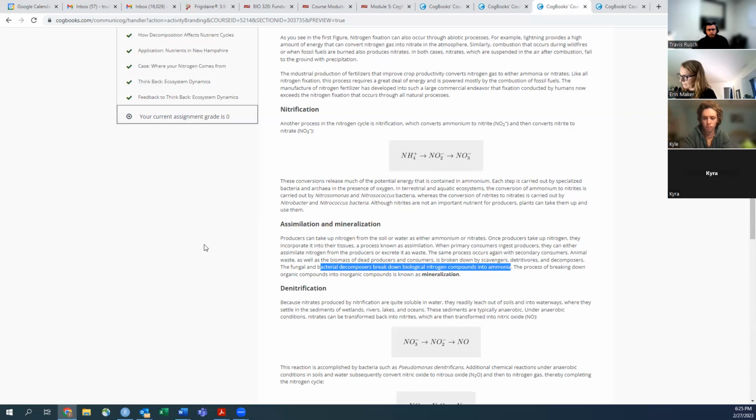Yeah, now I'm realizing as I'm writing down the chemical in my notes that it says in the notes it breaks down into ammonia, but then it gives ammonium as the chemical. Is that just, it could be both, maybe.